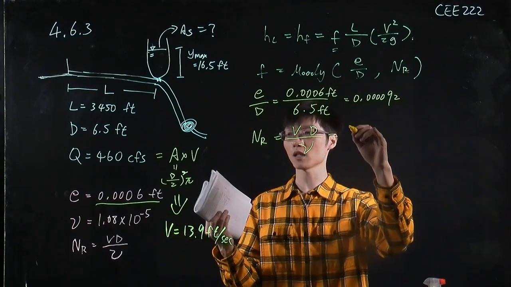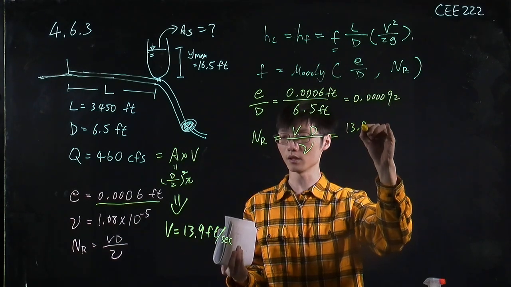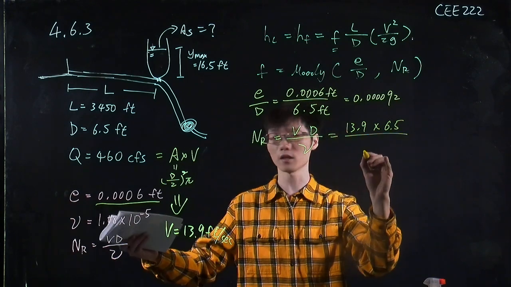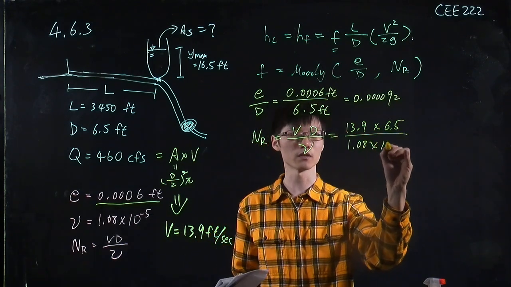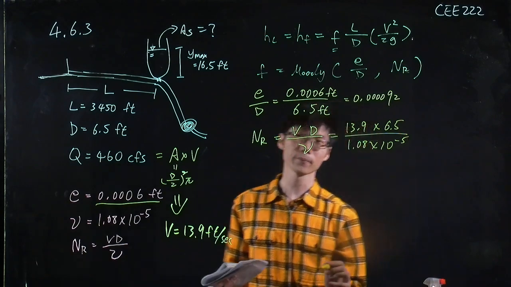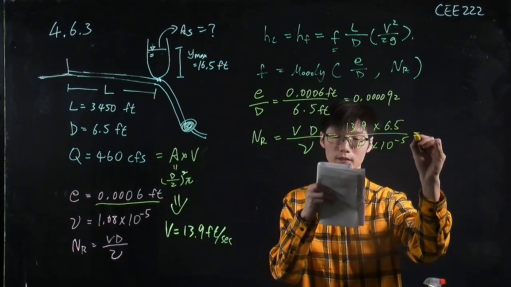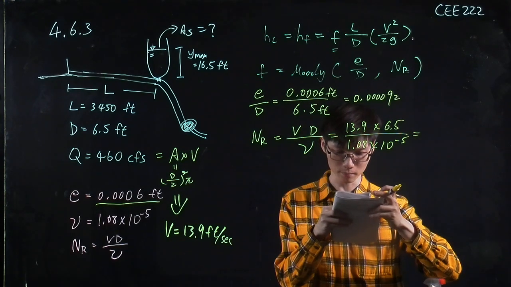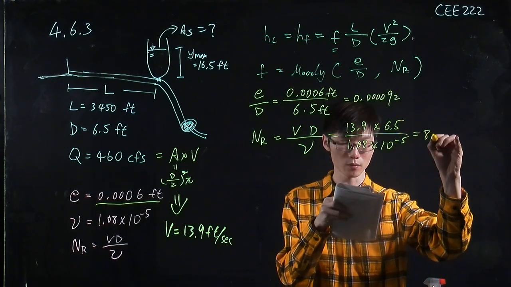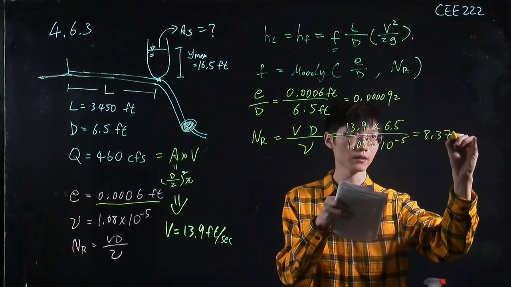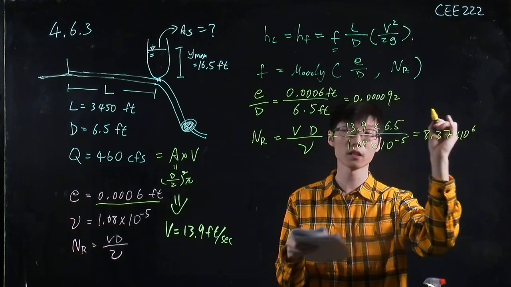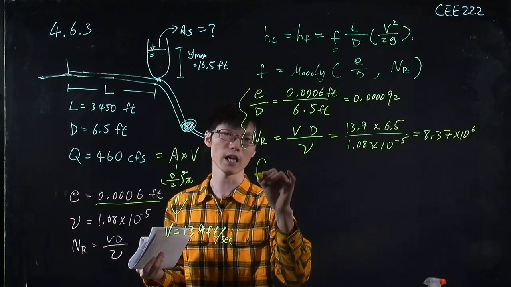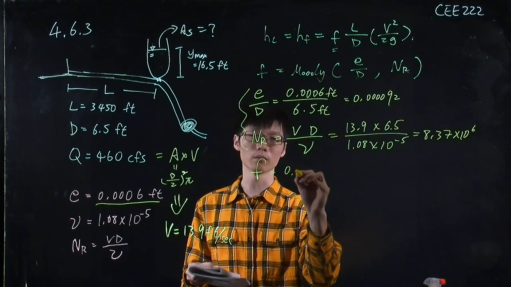So let's just plug in the numbers: 13.9 times the diameter 6.5 divided by the viscosity 1.08 times 10 to the power minus 5. Then we get the Reynolds number equal to 8.37 times 10 to the power of 6. Then you use these two values and the Moody diagram, and you should be able to find that F is close to 0.012.